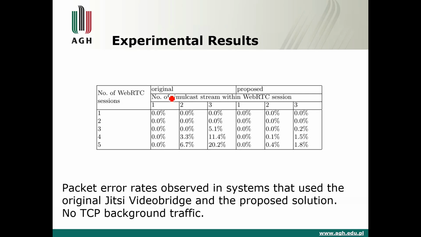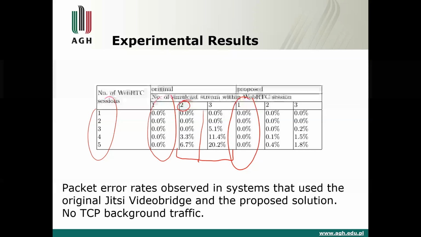When we have 2 layers, there is some problem with multiple streams because of the limitation of the link. In the original system, when we have multiple streams, there is a higher error, and in our proposed system, this error is very small because we get information about network condition from the SDN network.